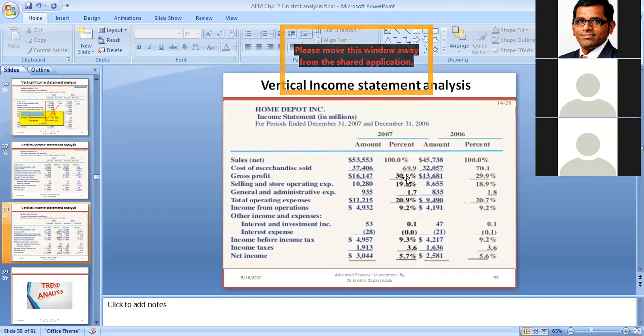It's a good sign for the company. Now net income: is there any change? Yes, a slight change. Previously it was 5.6%, but currently it is 5.7%. Net income has also slightly increased.